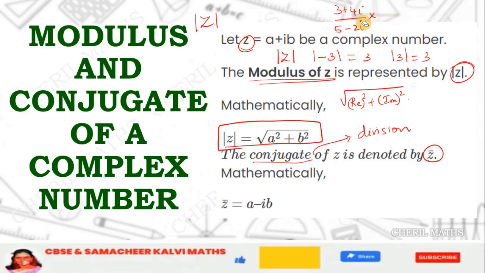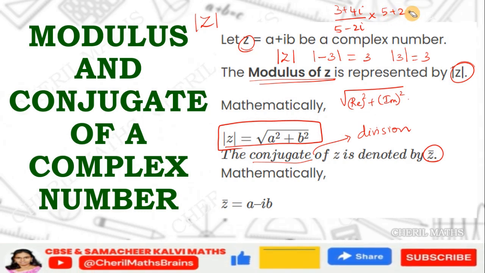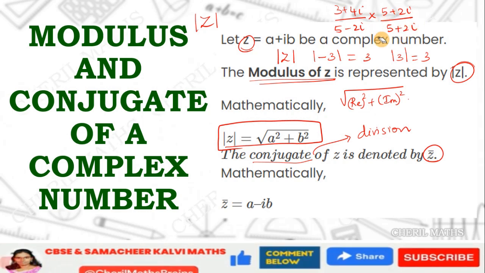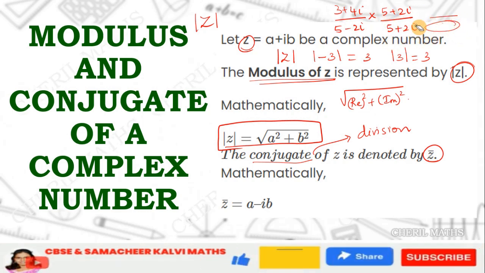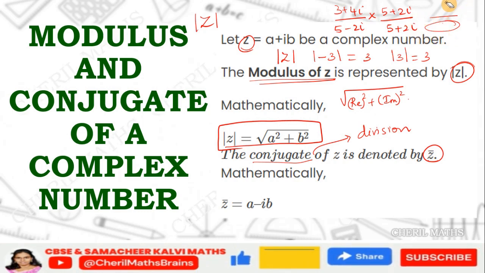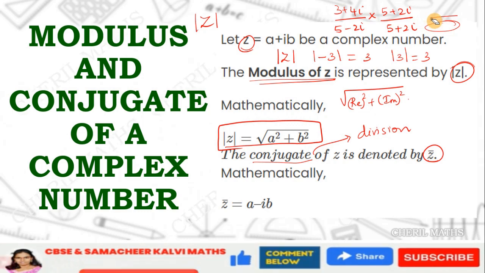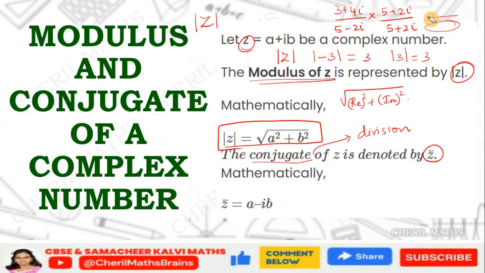We multiplied and divided by the conjugate, that is 5 plus 2i divided by 5 plus 2i. Then in the denominator you got a real number, and in the numerator you got a complex number, so that you were able to express it as a complex number once again.